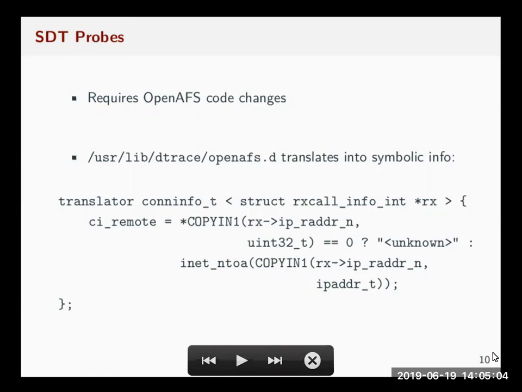You can also get confusing behavior. We've used DTrace before to debug LWP programs, and you'll get cases where a function entry probe fires, but the return probe never fires because LWP jumps to a different location in the code, so we never actually return from it. So sometimes you get weird behavior like that as well.